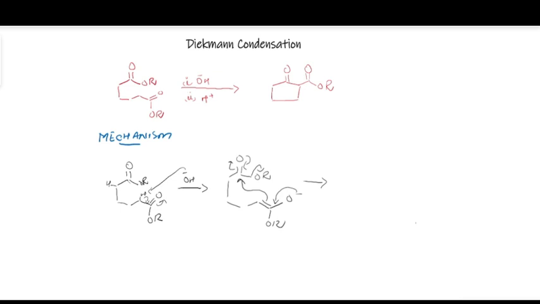And now you can see that a bond is formed between this carbon and the carbonyl carbon. Right, so what we have now is a 1, 2, 3, 4, 5 membered ring in which we have this ketone, which is restored.